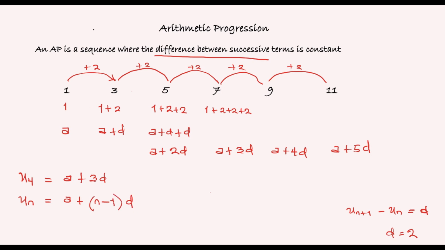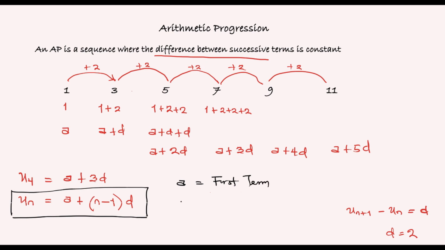So this right here is a general formula for finding any term in an arithmetic progression, as long as we know a, which is the first term of that progression, and we know d, which is the common difference of the arithmetic progression. So don't forget, u(n), which is the nth term of the progression we're looking for, equals a plus (n minus 1)d.